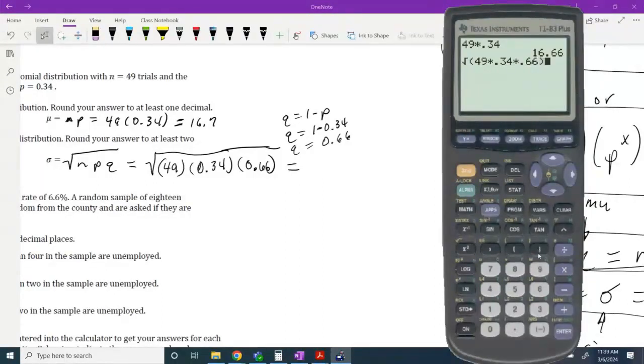I'm going to close off my square root. If we round to 2 decimal places, we get 3.32 as the standard deviation. So in order to find the mean and the standard deviation, you simply follow the formulas.